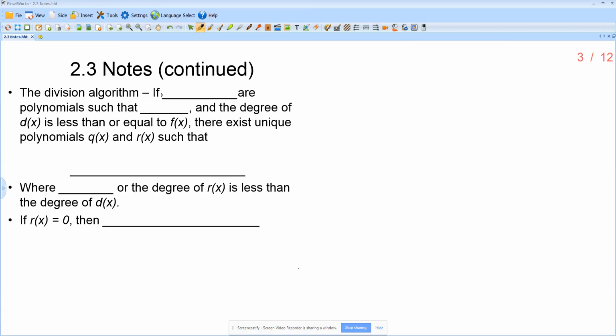If f of x and d of x are polynomials such that d of x is not equal to 0, and the degree of d of x is less than or equal to the degree of f of x, there exist unique polynomials q of x and r of x such that f of x is equal to d of x times q of x plus r of x.